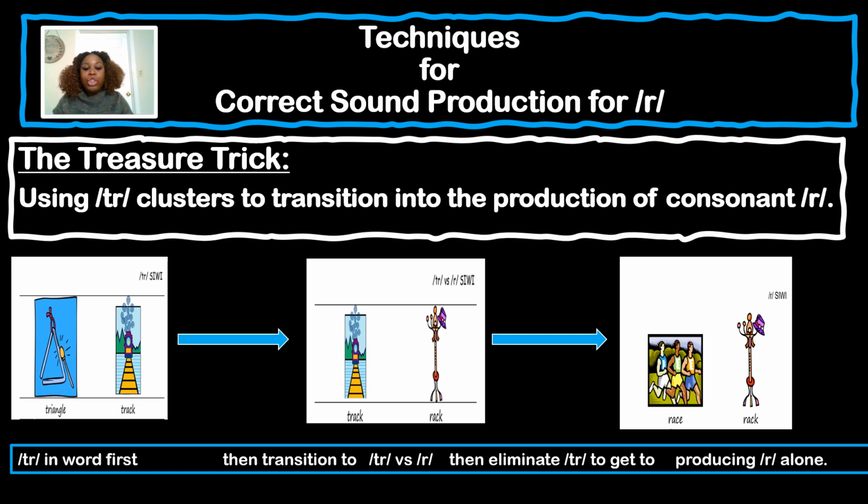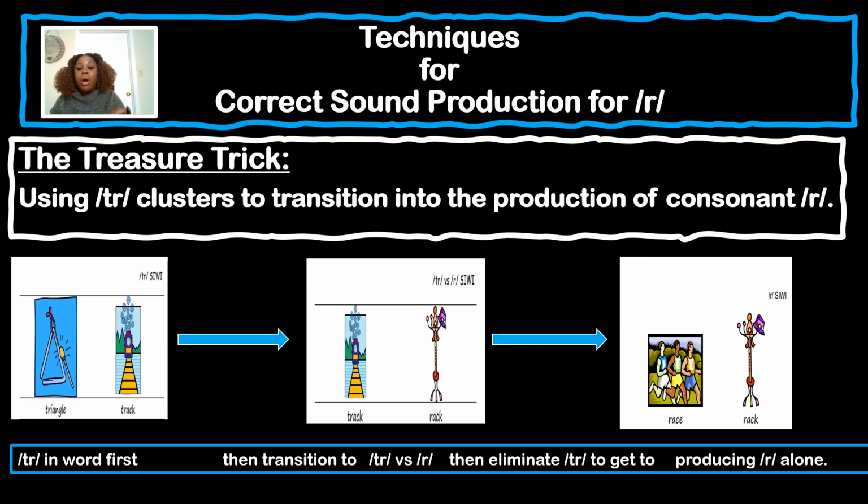So you would say track, rack, trace, race, tree, even though that's not necessarily a real word, but that's what you want them to go to. You want to get them used to saying the TR and then taking the T out to get the R.